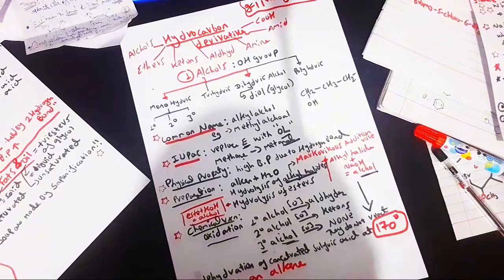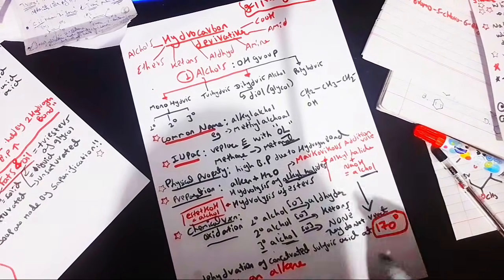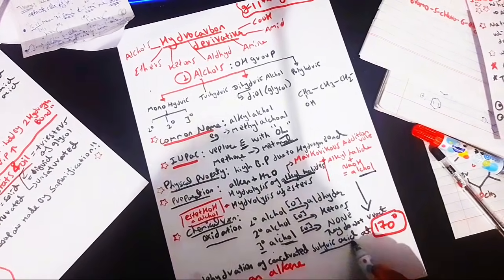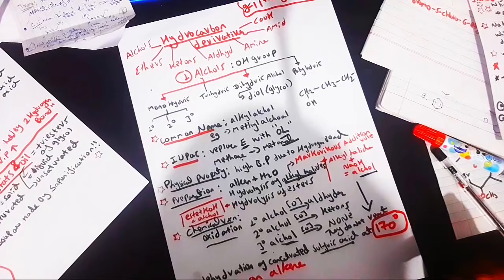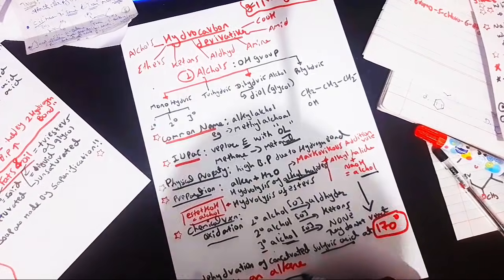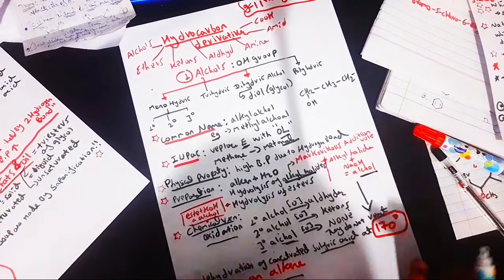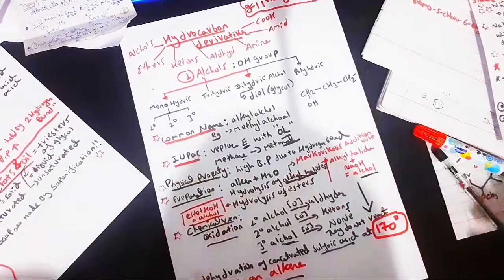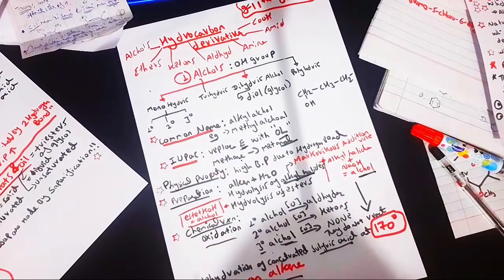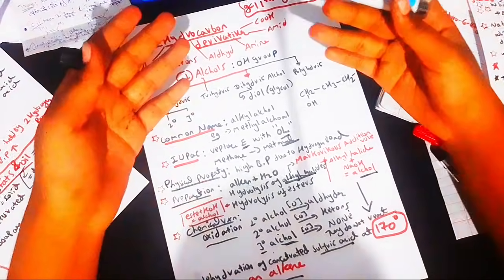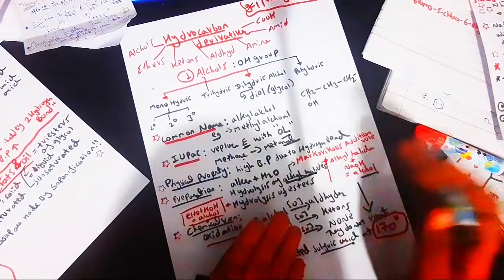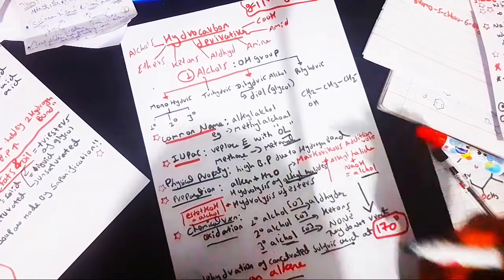Also here, dehydration with concentrated sulfuric acid at 170 degrees Celsius produces an alkene. If we use an alkene plus water, it gives us an alcohol, right? So if we dehydrate it, we're removing the water from the alkene.